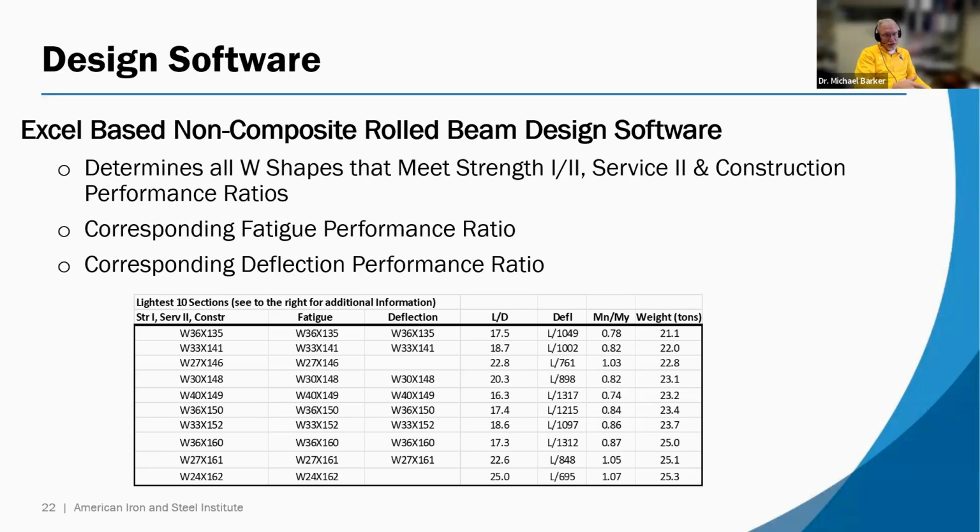So for instance, here, this table shows that for this bridge we put in, the W36 by 135 is the lightest. It also meets fatigue, and it also meets deflection, and it gives some more information there. If we wanted something shorter, like a W27 by 146, 2 down from that, yeah, that meets the strength, service 2 and construction, and the fatigue, but the deflection's not quite.